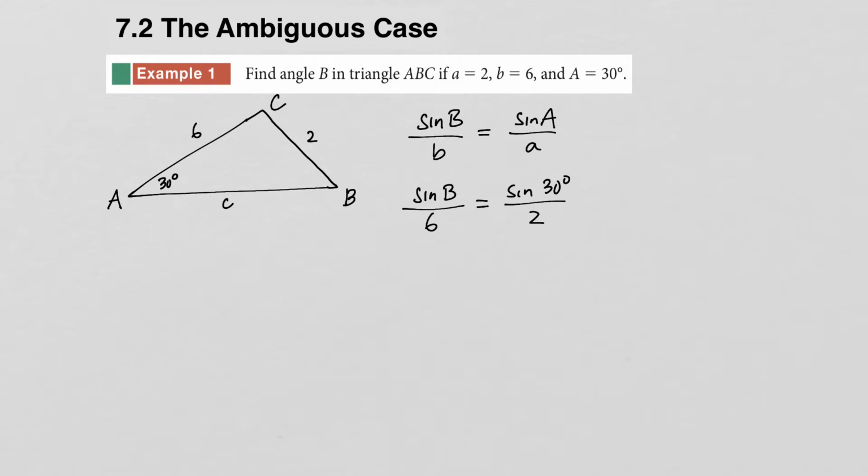Then we can multiply both sides by 6. And after we cancel here, we get sine of B is equal to 6 times the sine of 30 divided by 2.